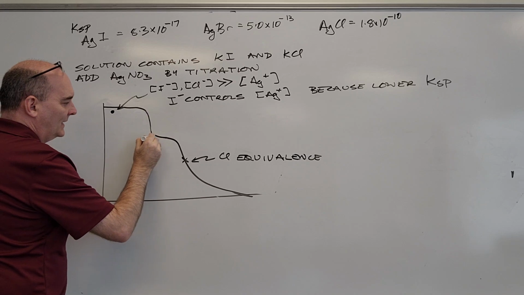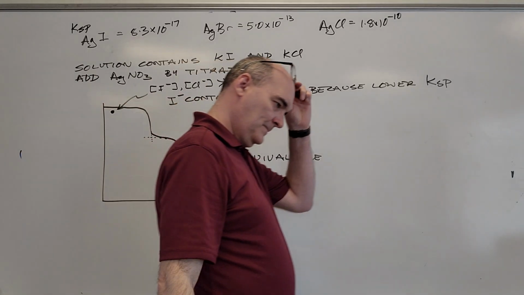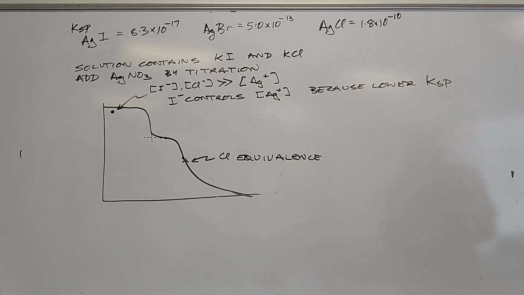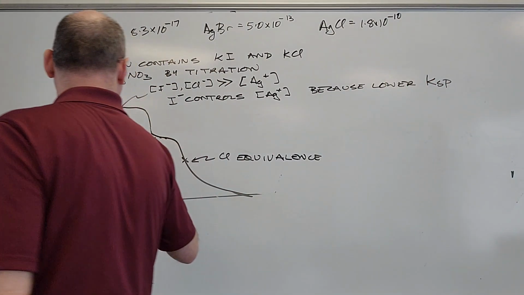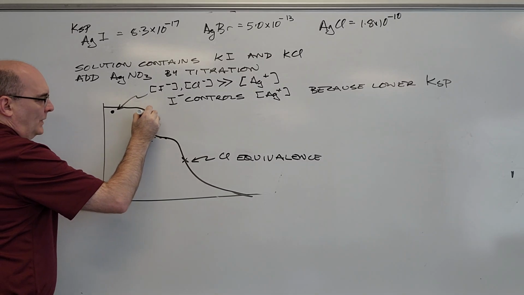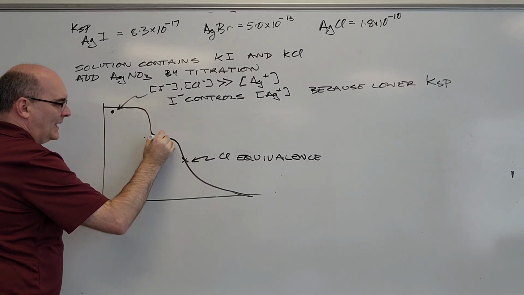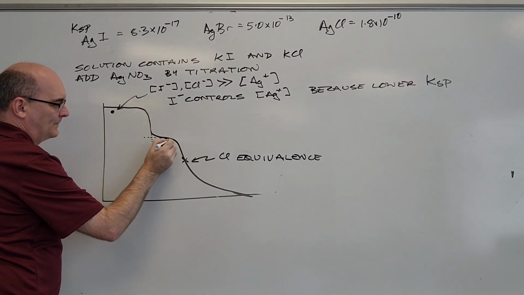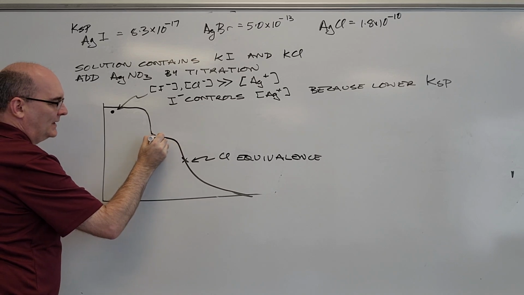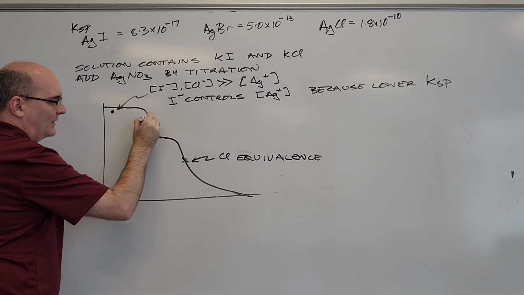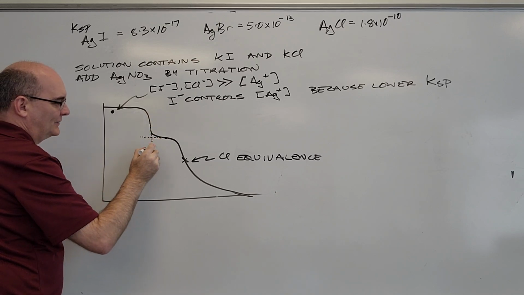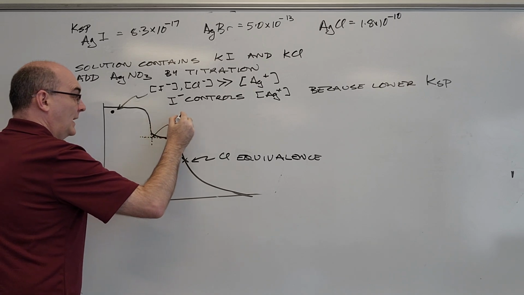This one's a little bit different. What we need to do is eradicate the curve right here and just find that, extrapolate that as a straight line, extrapolate that as a straight line, and right here.